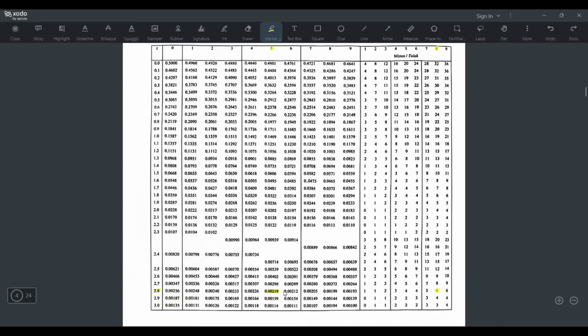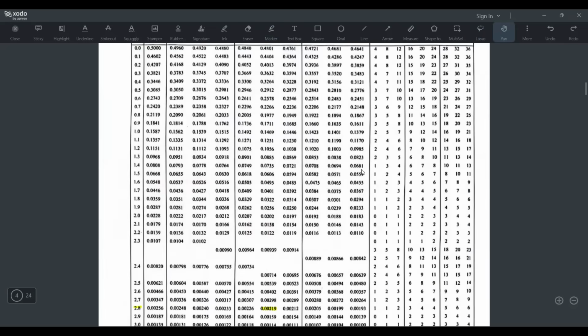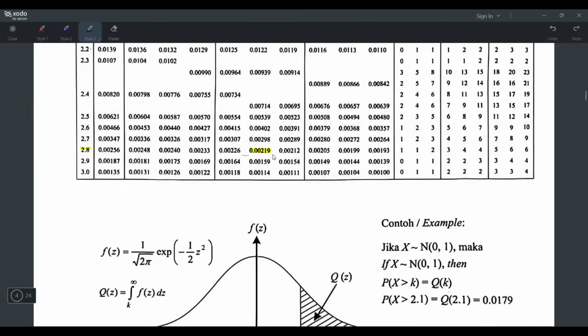So it's 0.00219, but I have to subtract 6. And you subtract 6 from the last 2 digits, so it will be minus 6 like that. So 0.00, what is 19 minus 6? 19 minus 6 is 3, right? So this is the answer.